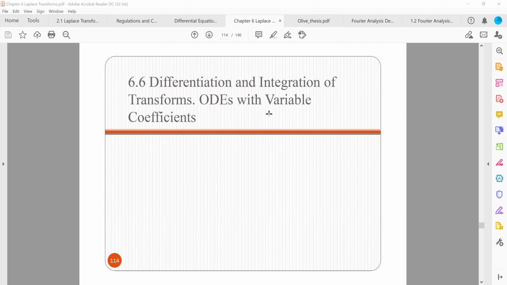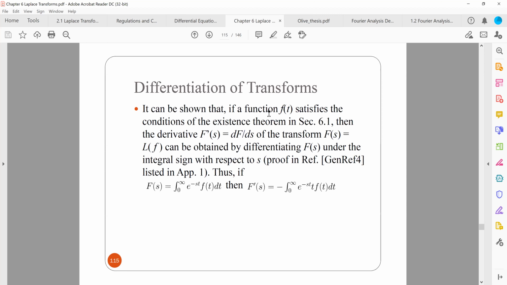With differentiation and integration of transforms, what's happening? I'll just read from the slide.